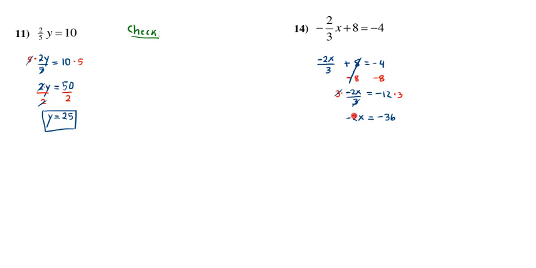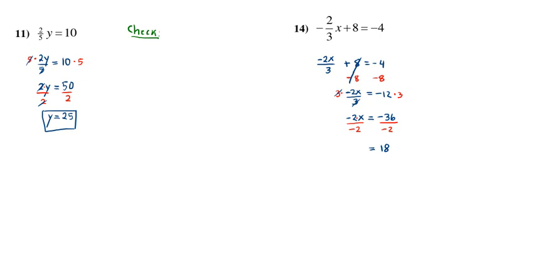The final step, remove the negative 2. The negative 2 is multiplying with the x. And we do the inverse of multiplication, which is division. So we divide by negative 2. And doing the operations, we get negative 36 divided by negative 2, positive 18, because negative divided by another negative is positive, and 36 divided by 2 is 18.